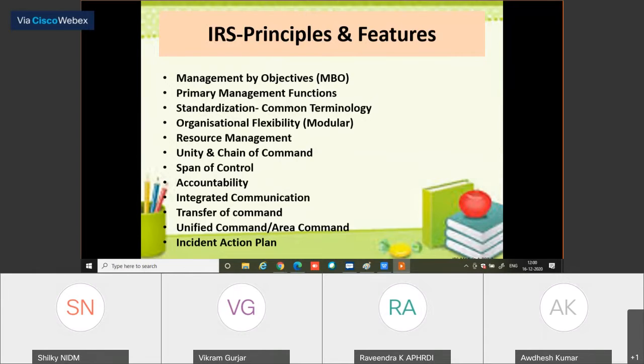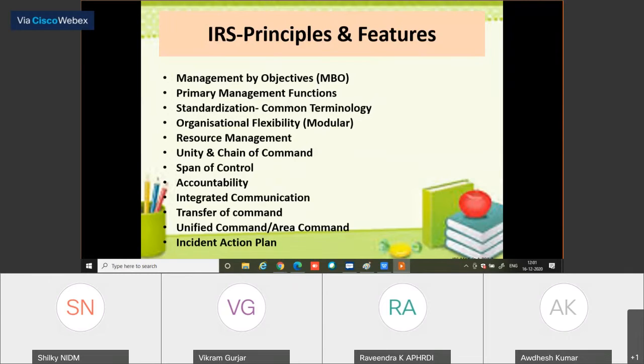Then once we have selected the best available strategy, we can perform tactically by applying our resources in the right directions. So, the selection of the right resources in the right way, and monitoring the performance, so that we can have the best possible results from the available resources.